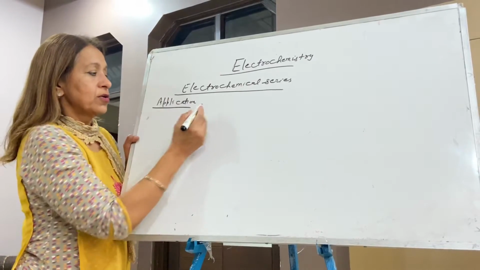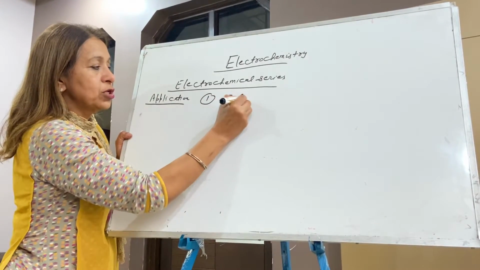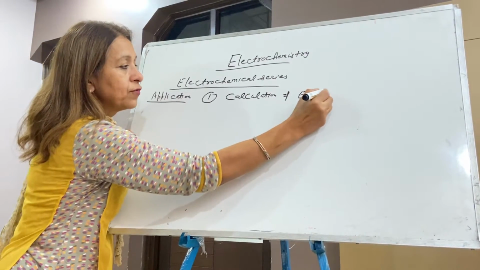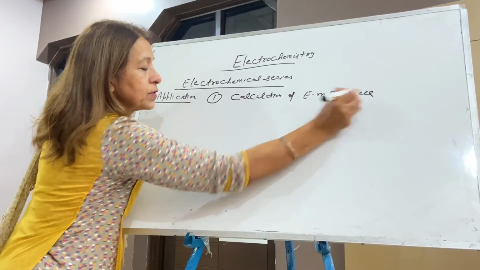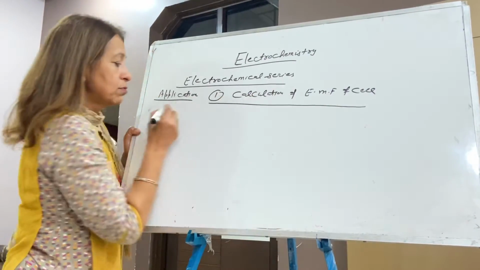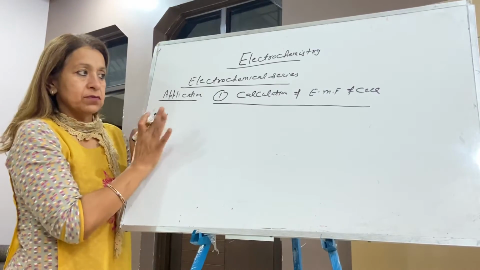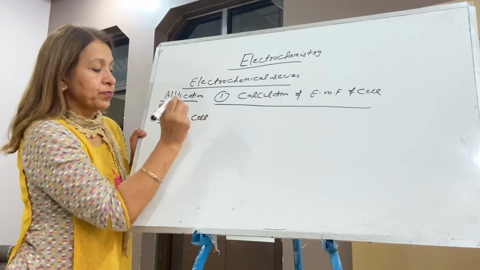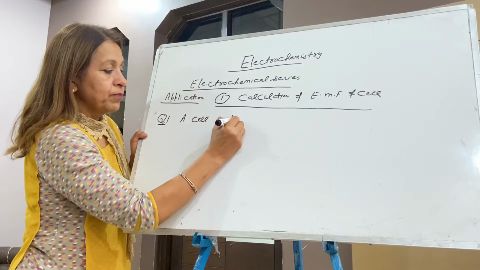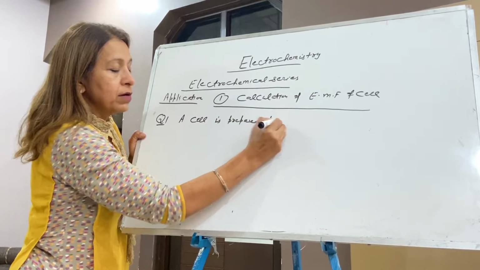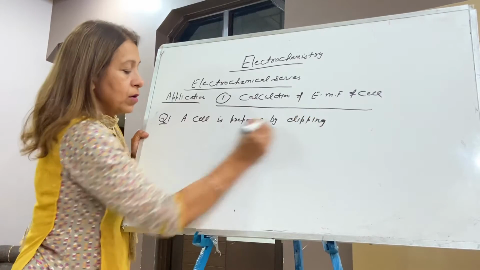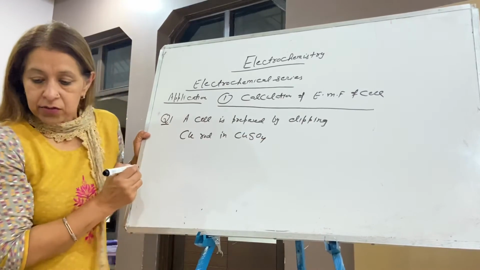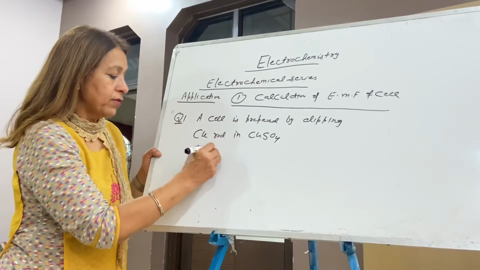Let us start. Your first application is calculation of EMF of cell. Question number 1, very important it is. A cell is prepared by dipping copper rod in copper sulfate and nickel rod in nickel sulfate.